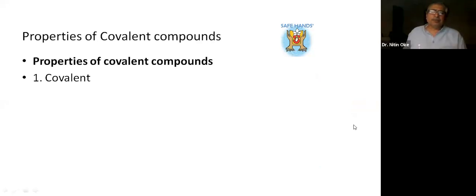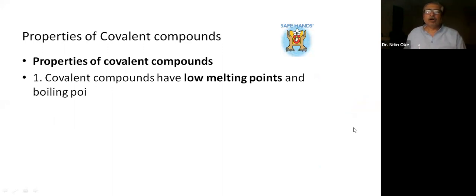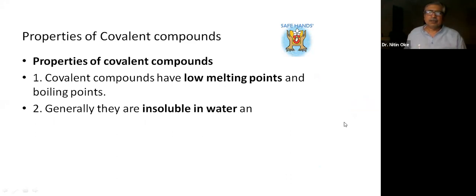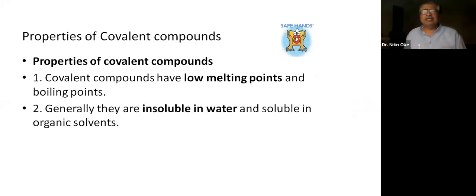So the covalent compounds always have low melting points as well as low boiling points. They are very rigid in structure. Generally, they are insoluble in water, and they are readily soluble in organic solvents.